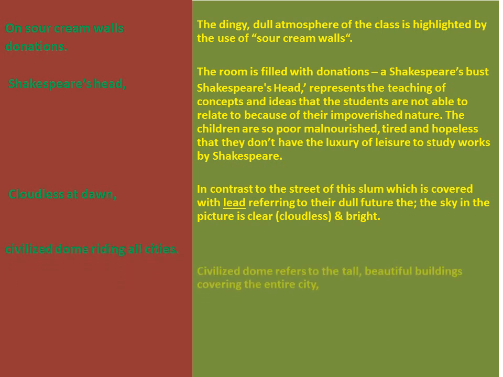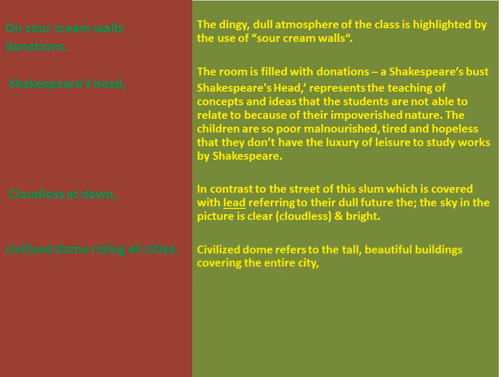Civilized dome riding all cities. Now these civilized domes are again setting a harsh contrast against the setup of the slum. So civilized domes are referring to tall, beautiful buildings which have covered the entire city. Belled flowery Tyrolese Valley: beautiful Tyrolese Valley blooming with flowers.